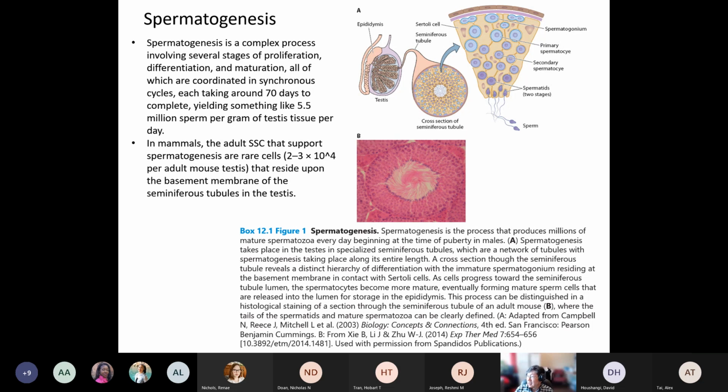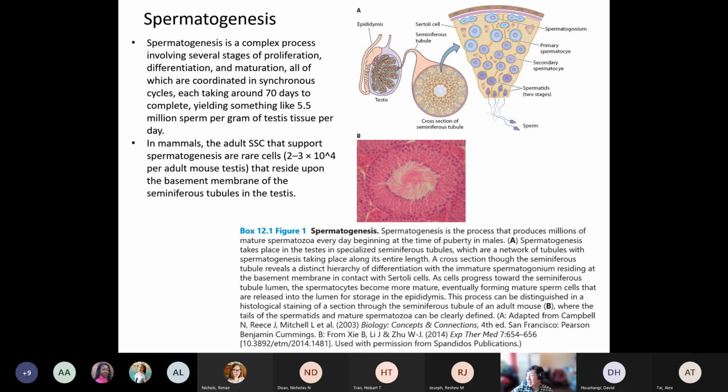But here in the testis, that replacement rate is also very high. Although the whole process, the differentiation from the stem cell toward the mature sperm, would take 70 days or so for humans, it takes 70 days to complete a single pass of differentiation, but it is extremely powerful.